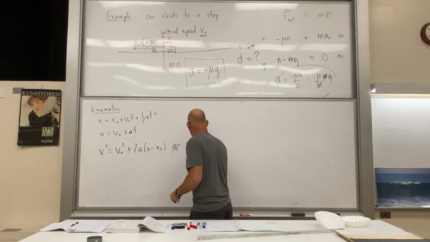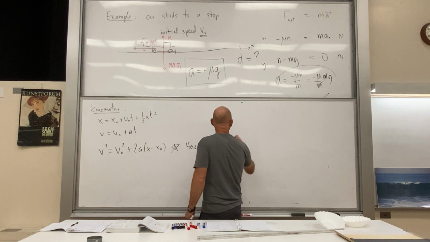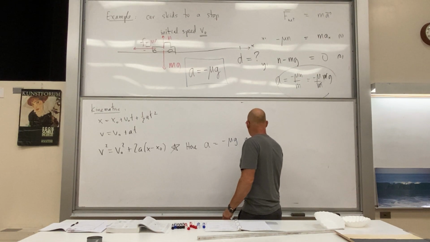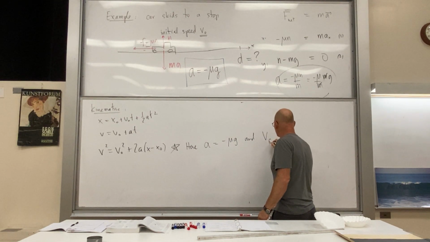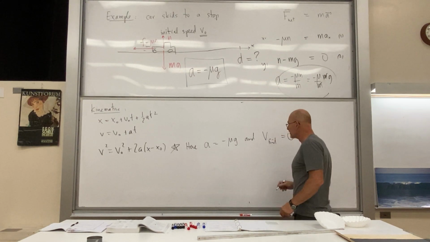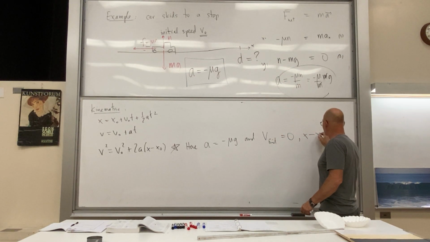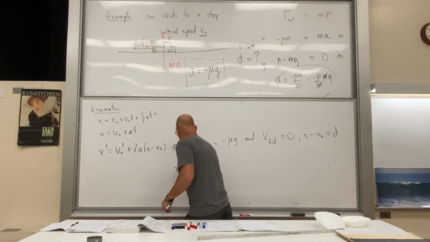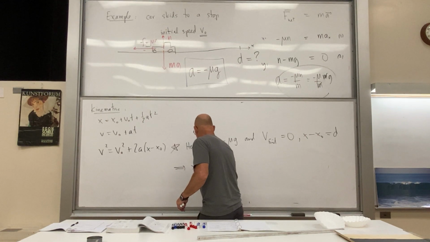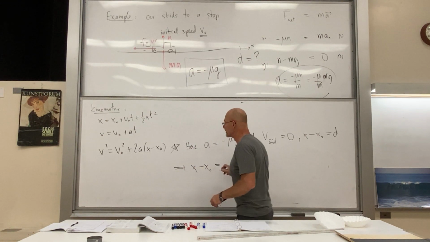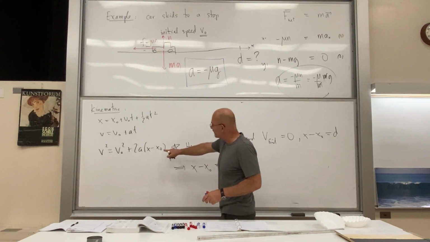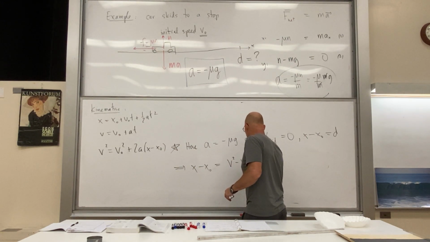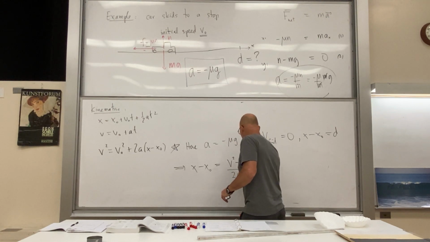So here, a is equal to minus mu g, and v final equals 0. x minus x0 is the distance we're looking for. So x minus x0 equals, I'll go ahead and solve first, v squared minus v0 squared over 2a.